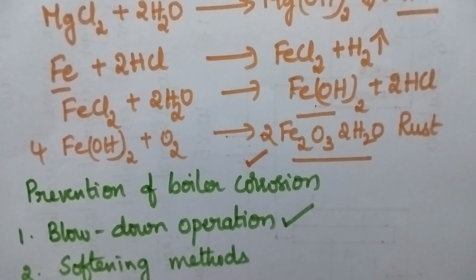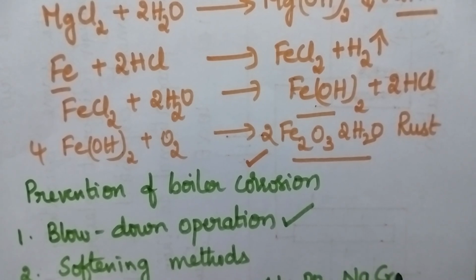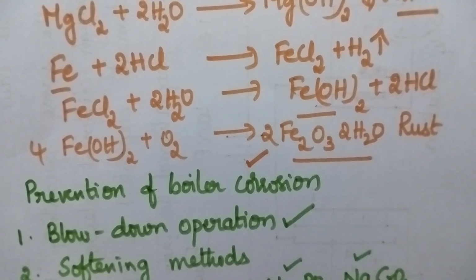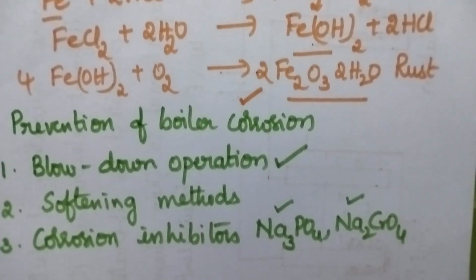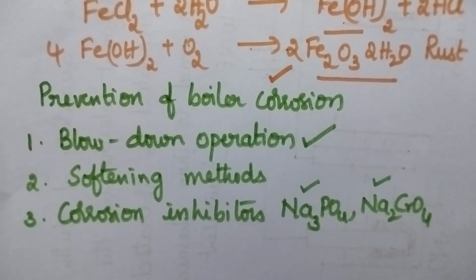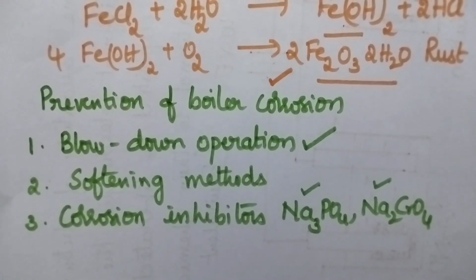And the third option is to use corrosion inhibitors such as sodium phosphate or sodium chromate, etc. By the use of corrosion inhibitors, boiler corrosion can be prevented to a certain extent. This is all about boiler corrosion and its prevention.